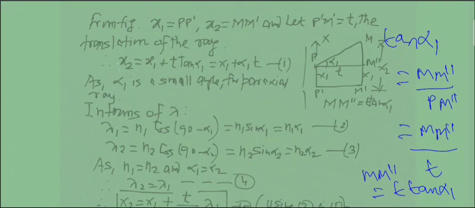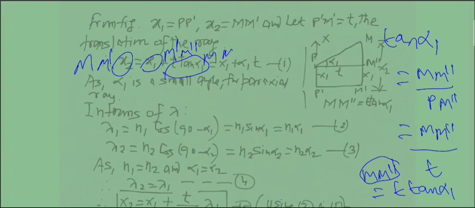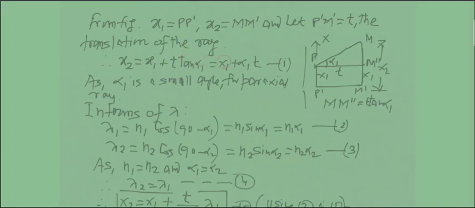Now over here x2 is for M dash, and your x1 is M dash M double dash, and this t tan alpha 1 is equal to your M double dash M dash. Okay, so I have written nothing but this equal to this plus this.